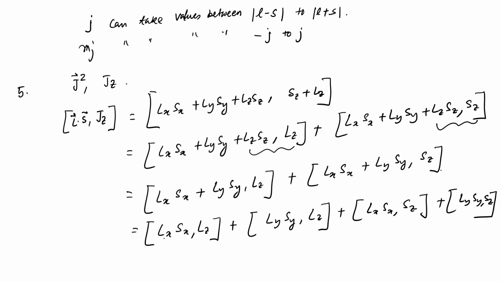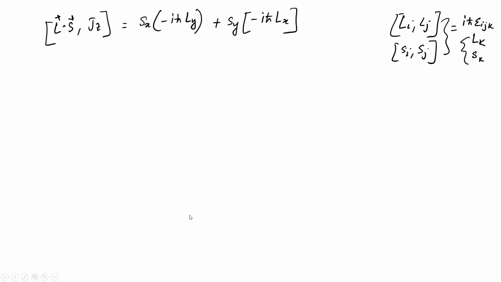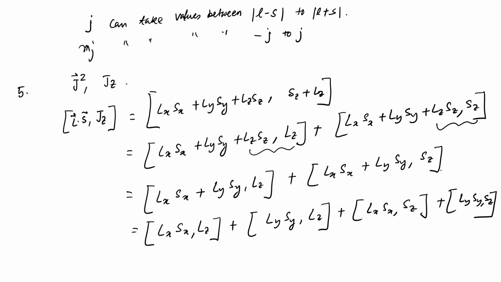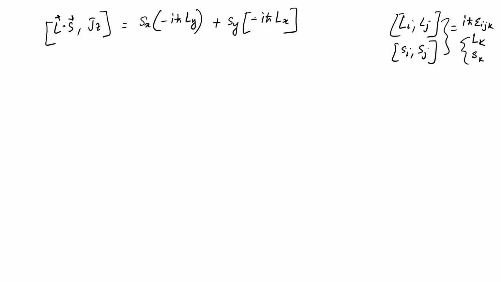Lz Lx would have been iħ Ly, but now since it is the other way around, it is minus iħ Ly, and Sx of course commutes with that. Similarly, Ly Lz is iħ Lx, so it is Sy times Ly Lz. Ly Lz is iħ Lx, there is no minus sign there.